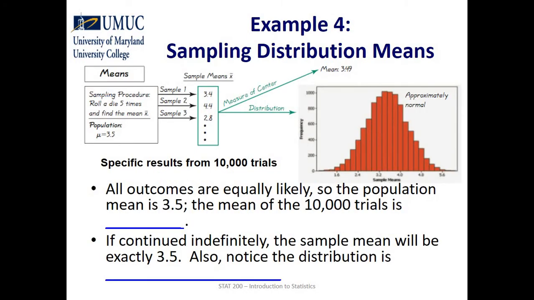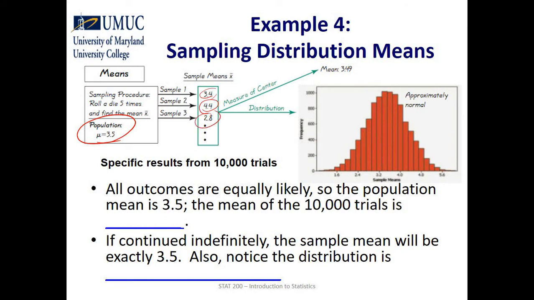Somebody actually did this. They rolled 5 die, and then they found the mean value of the number of pips showing. We know, because we computed it a minute ago, that the population mean is 3.5. Well, here, sample 1 gives us a mean of 3.4. Sample 2 gave us a mean of 4.4.